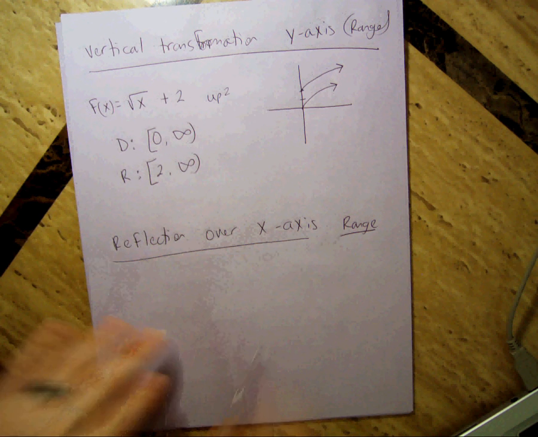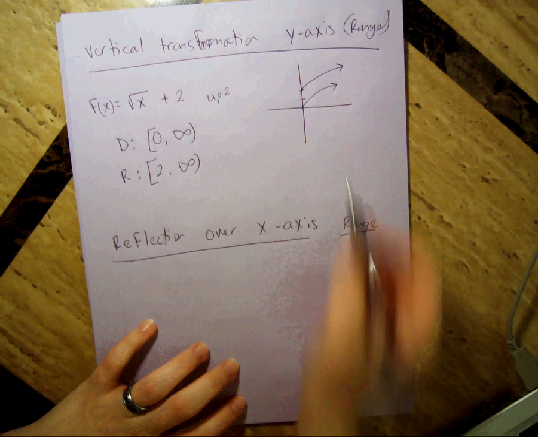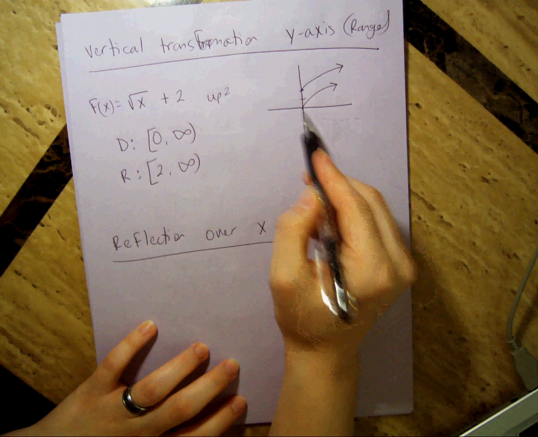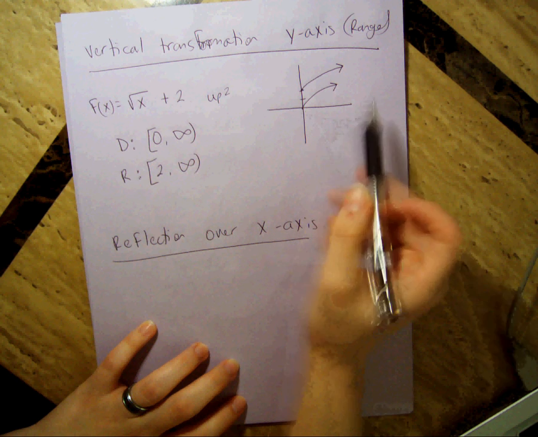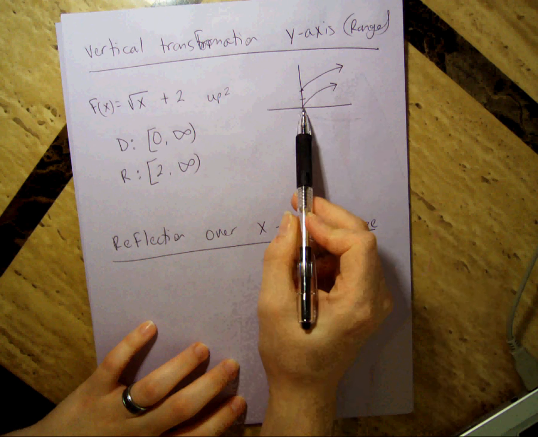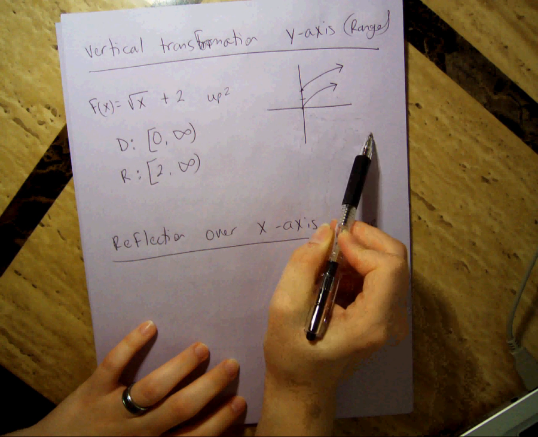Remember, this is the negative out front. And if you remember, what does it do? The negative out front is going to pull it down here. And so think of what that does to my y values now. I don't have 0 to infinity. I'm going to start at 0, and we're going to go down to negative infinity.